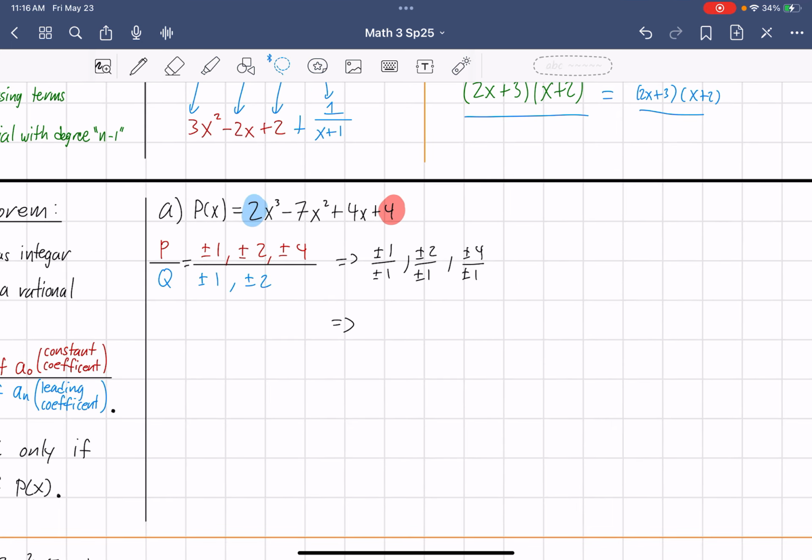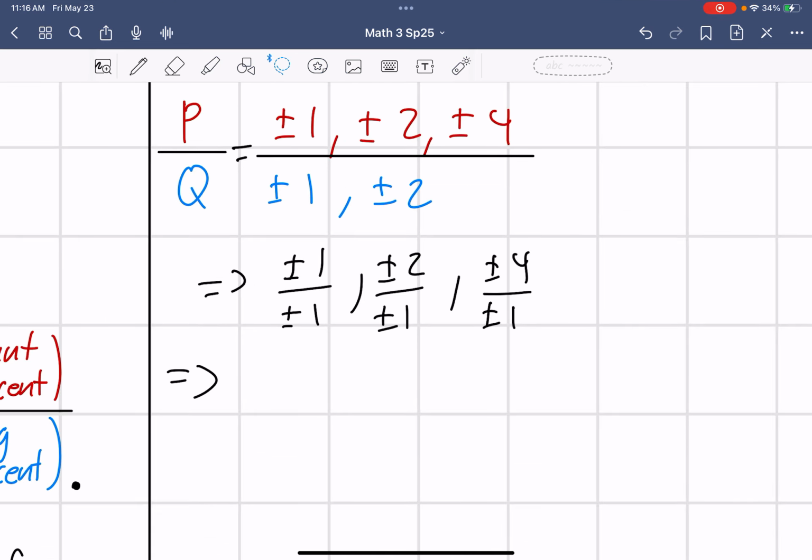which clearly, let me move this down to be more efficient, that's just going to make a list of plus or minus 1, because 1 divided by 1 is 1. 2 divided by 1 is 2. And just write the plus or minus, because you get to test each one.